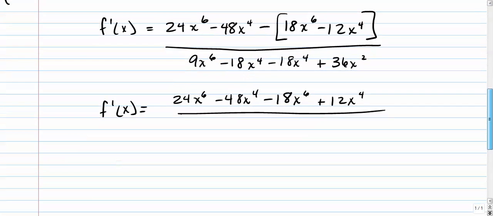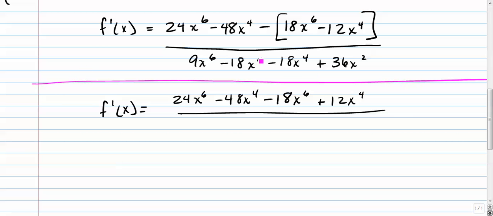We can simplify the denominator as well. We'll combine like terms. In the bottom we have 9x to the sixth minus 36x to the fourth plus 36x squared. Simplify again.